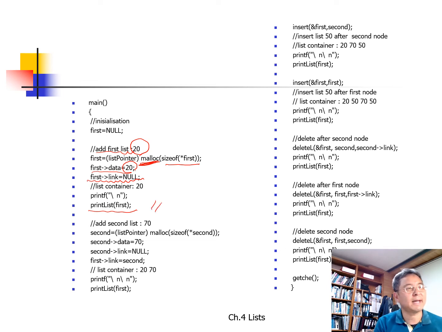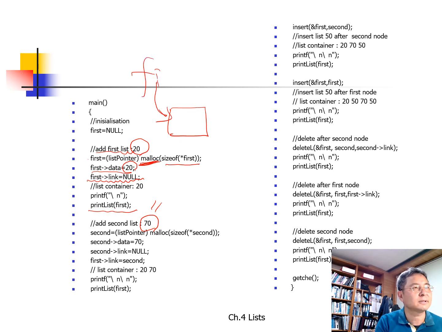That's the first step. And the second one, I want to add one more data, 70. Okay, so that means that this new memory space is assigned, and this memory space will be assigned as first. And the first data will be 20. And that is the end of this one.